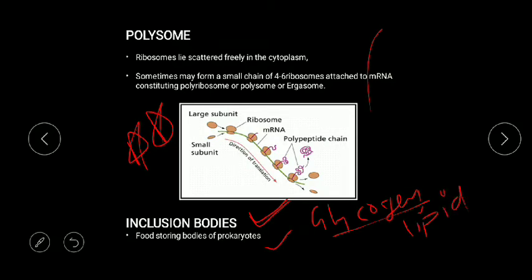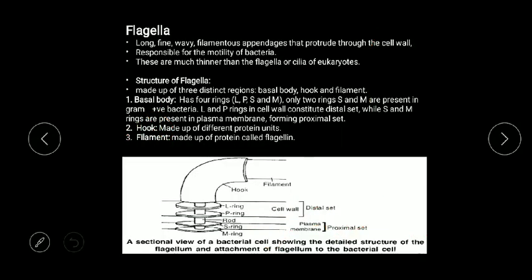These glycogen and lipid granules are nothing but a type of inclusion bodies, and they carry out storage of food. This is also an important question, as in NEET they have asked it twice: once, storage bodies of prokaryotes are known as, and the option was inclusion bodies, and another time, what inclusion bodies do. They store food. It is an easy question but you should remember it.